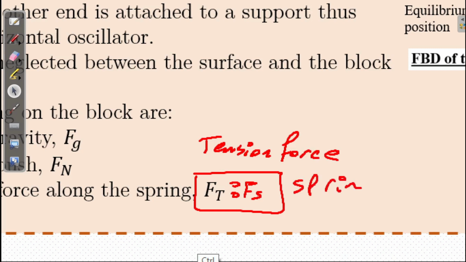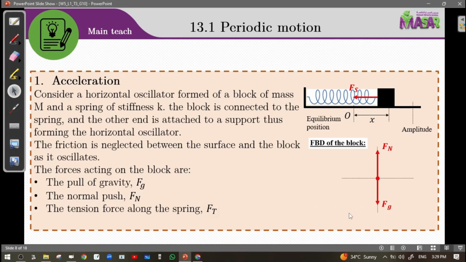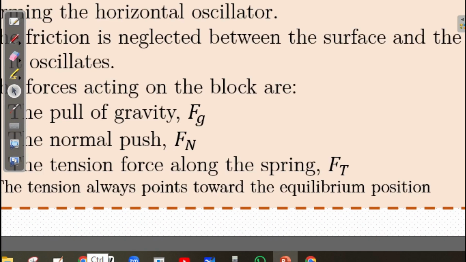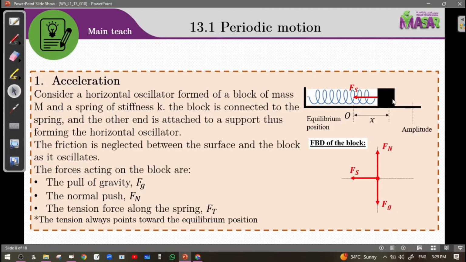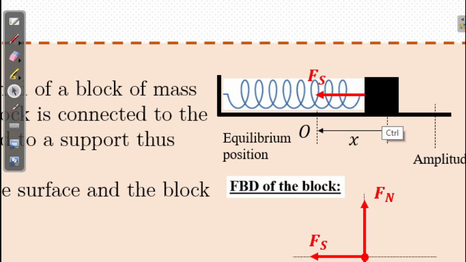You can use them interchangeably. As we can see here, the tension always points toward the equilibrium position. So at any moment, the Fs should be directed toward the equilibrium position.